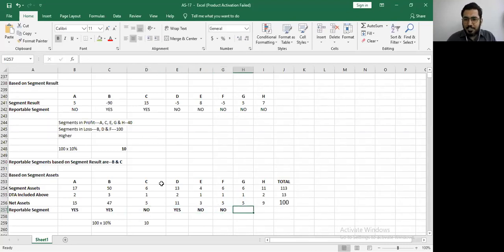What about segment G? Are separate disclosures required for segment G? No disclosures are required for segment G. And finally, what about segment H? Are separate disclosures required for segment H? Again, not required.